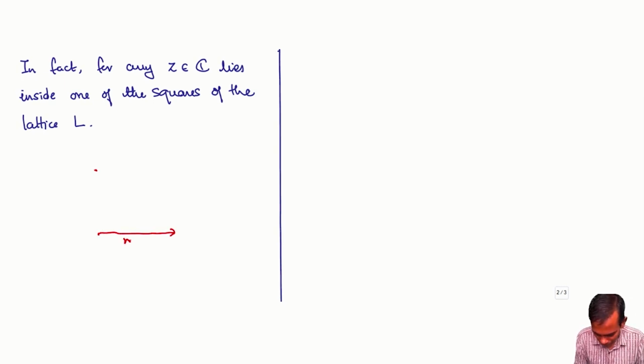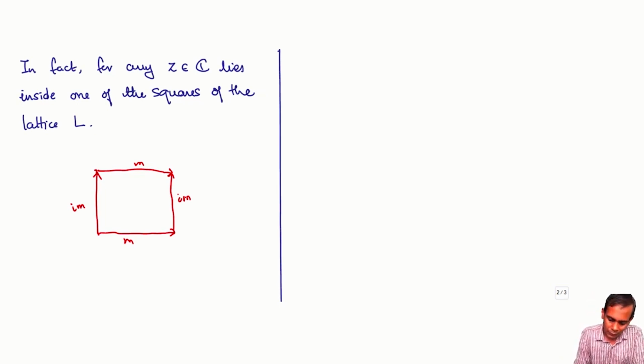This vector is m, this vector is im, this vector is again m, and this vector is im, and one of those squares of the lattice will contain our point z. So how far must z be from one of the corners of this square? These are points in L, and the side of the square is the square root of d of m.